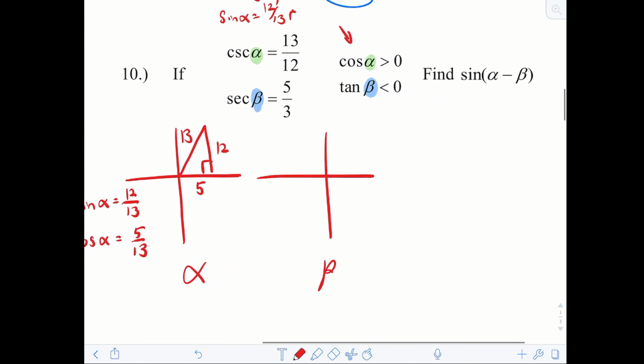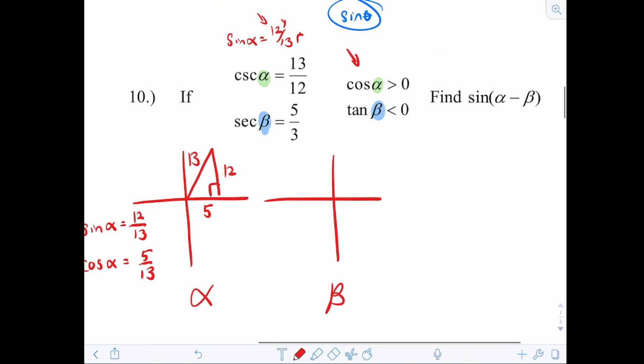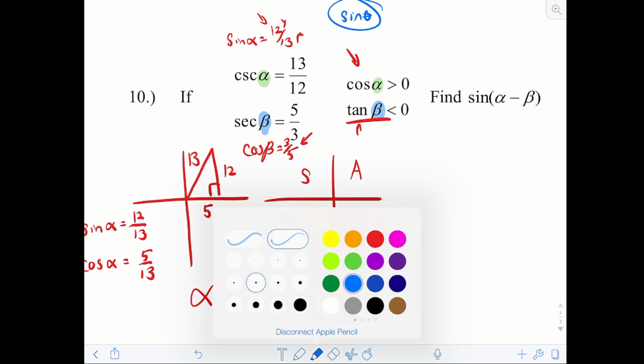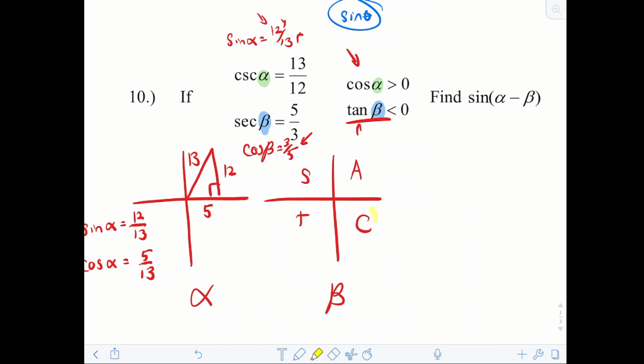Moving on, let's move with beta. So this is really saying cosine of beta is equal to 3 over 5. But it also says tangent is negative because it's less than 0. So where is cosine positive, but tangent is negative? So all students take calc. So the two quadrants where cosine is positive are quadrant 4 and quadrant 1.